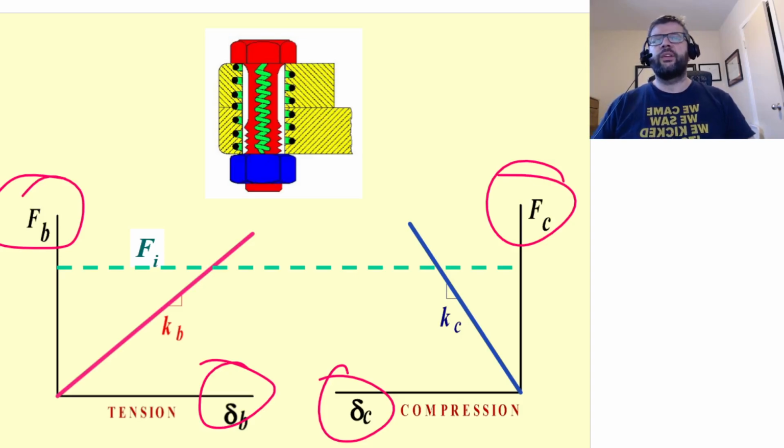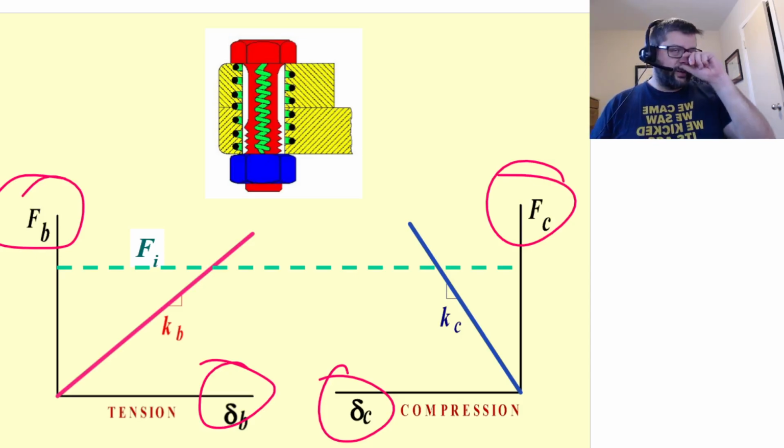So what is the Young's modulus of the bolt? What is the Young's modulus of the materials that are being bolted together? What's the cross-sectional area of the bolt? What's the effective cross-sectional area of the joint?